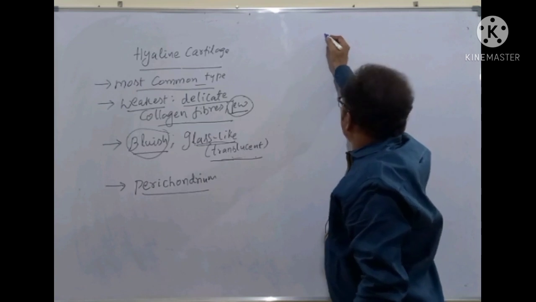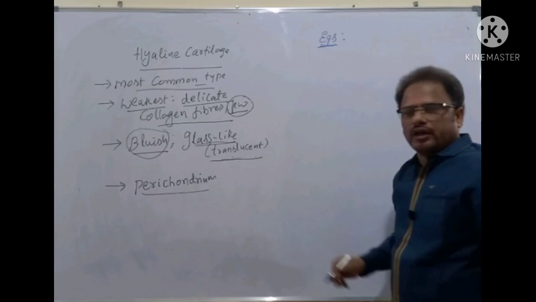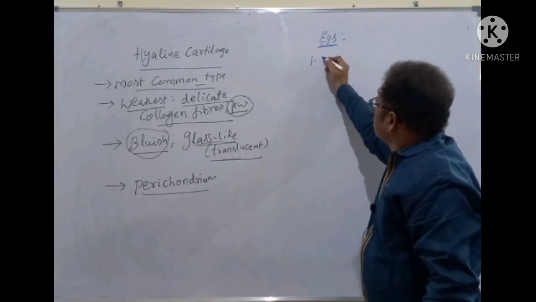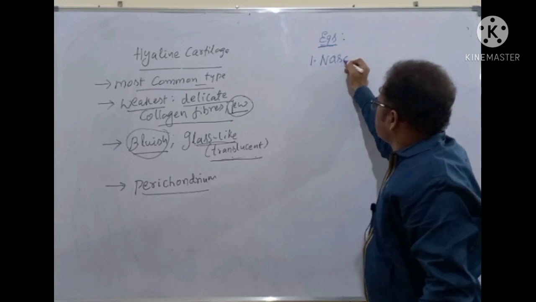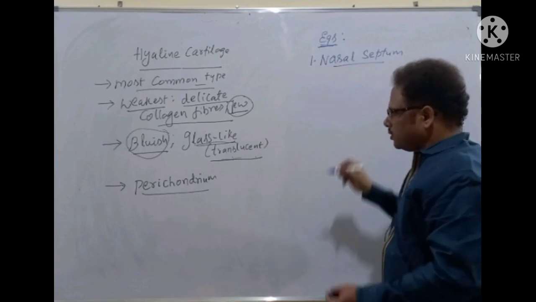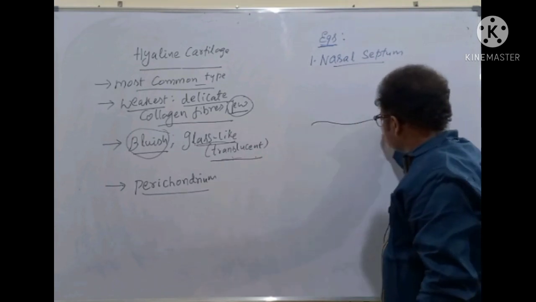Now the examples of hyaline cartilage. In the human body, where are they located? First of all, nasal septum. Okay, I'll draw the diagram first. Here is a perichondrium.